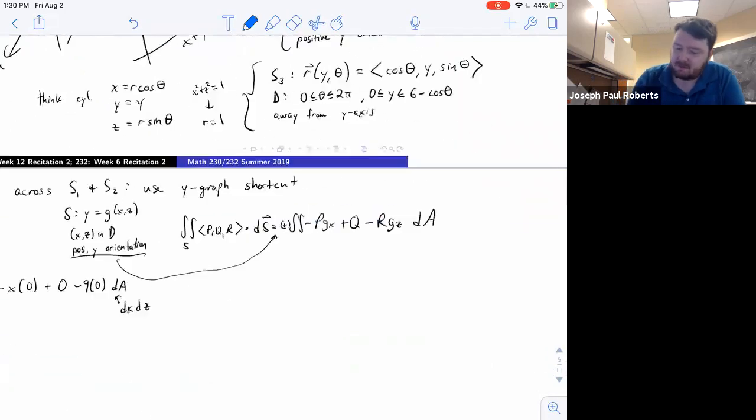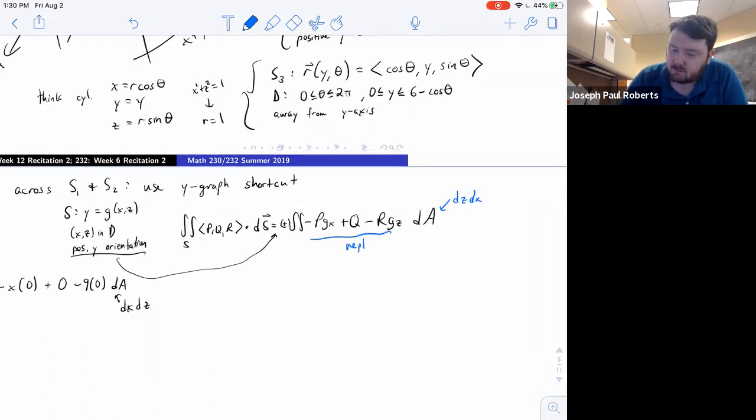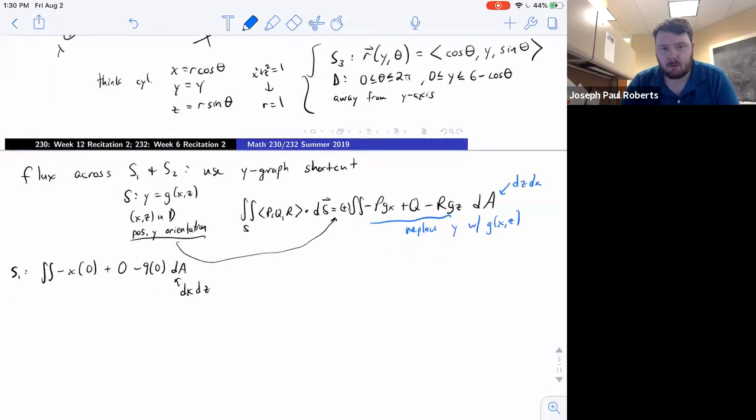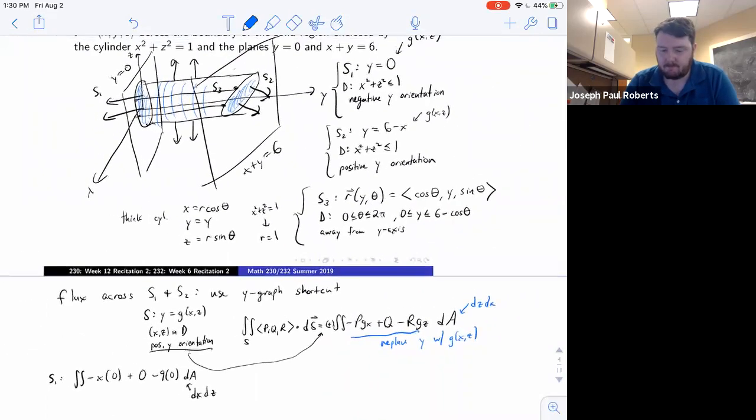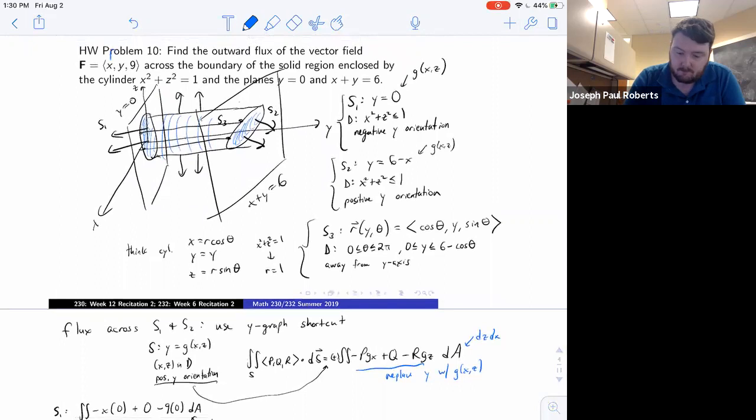The same thing needs to happen here: this double integral is with respect to our parameters, which for the y graph are x and z, which means I need to replace y with g of x, z, because my answer has to be a number. Okay, so that's our PQR.